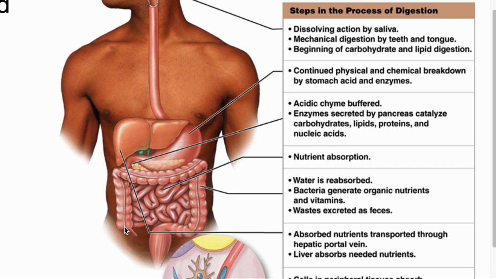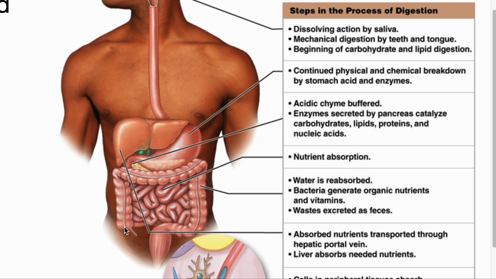We want to dry out that fecal matter, but we are going to have a little bit of nutrient absorption, in particular for some fat-soluble vitamins, because we actually need the help of bacteria in our large intestine to do that. And then, of course, the large intestine is going to be responsible for excreting waste material.